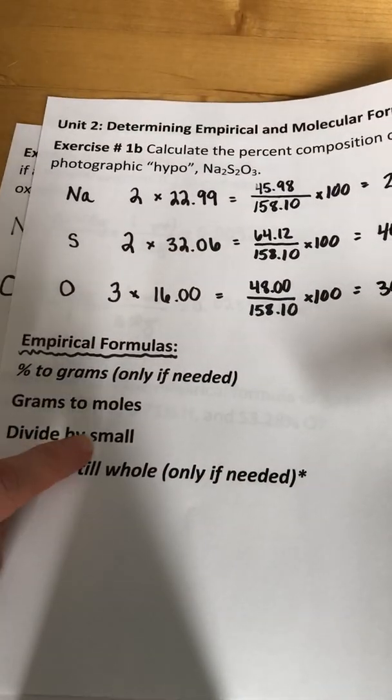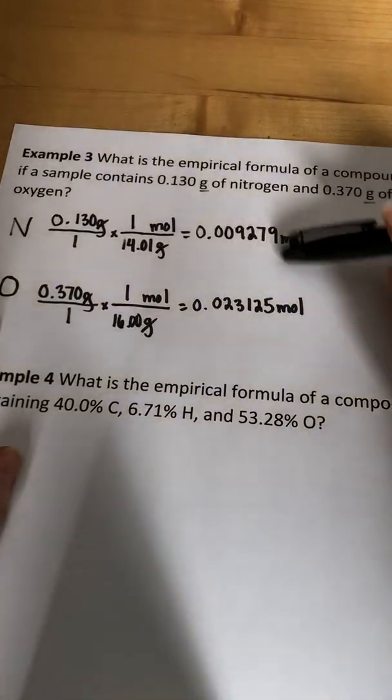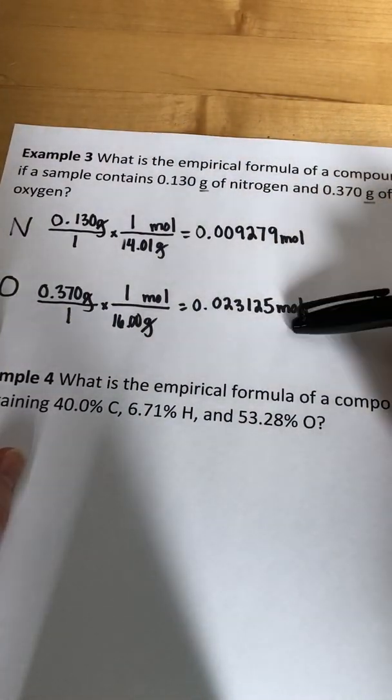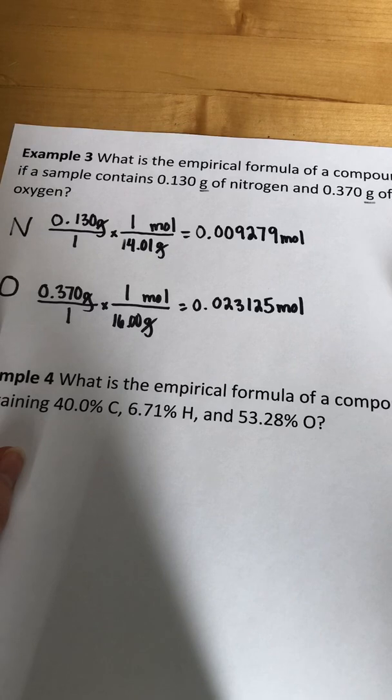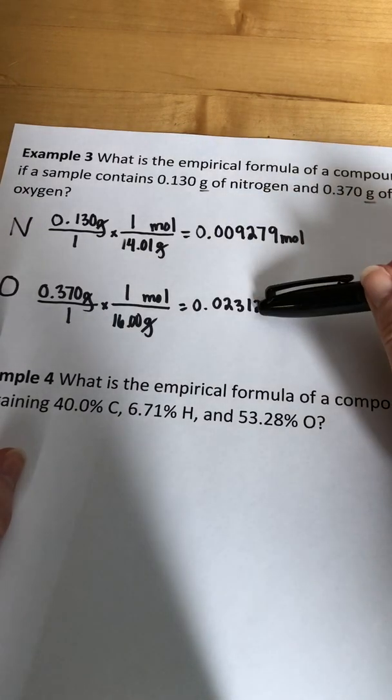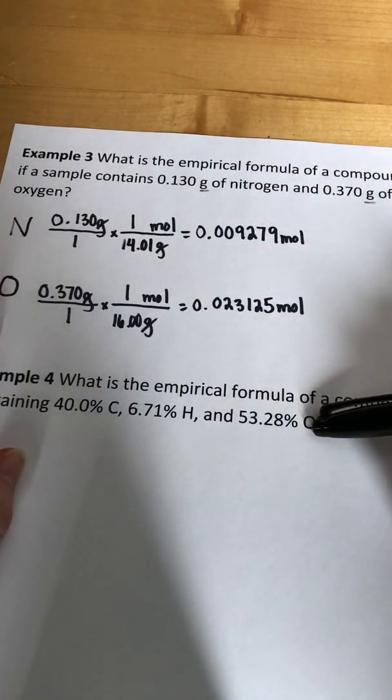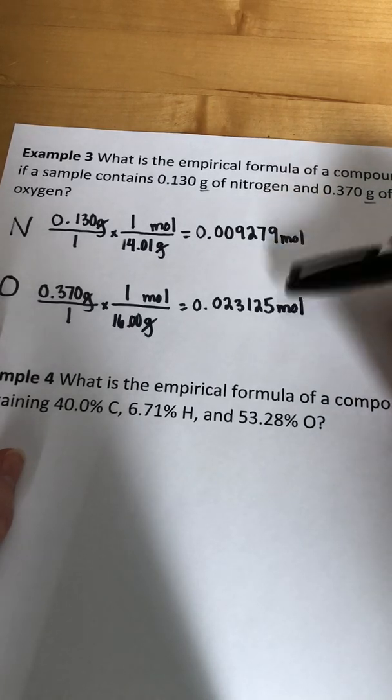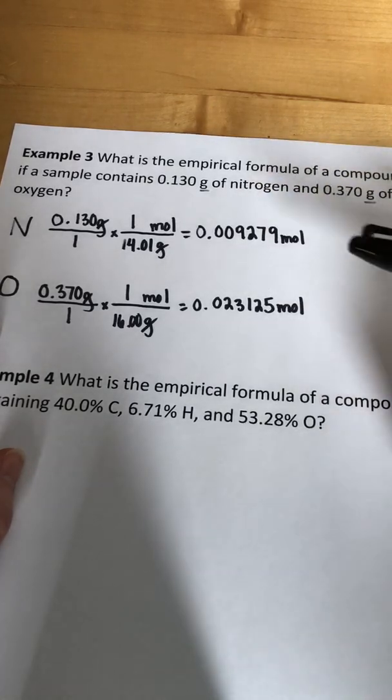The next says divide by small. So what that means is I compare all of the moles. In this case, there's 2 of them. I pick the smallest number between the 2, and each one gets divided by that number. This one is the smaller number.